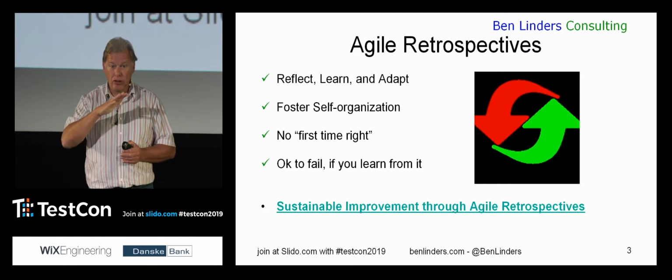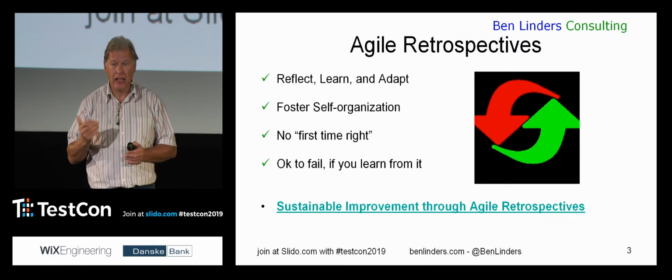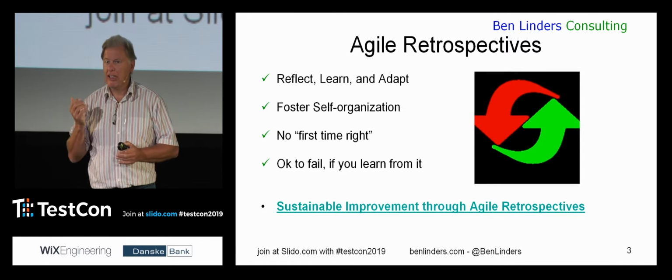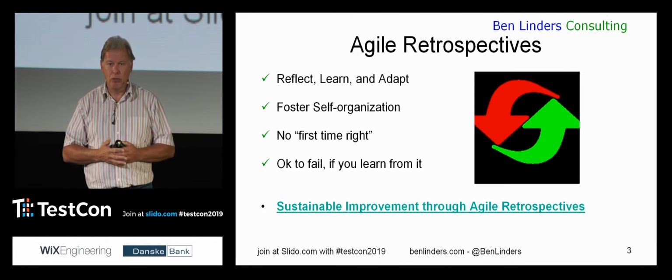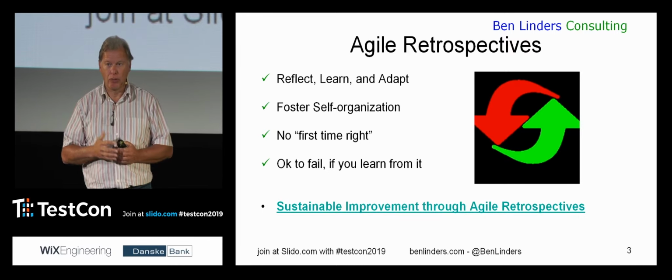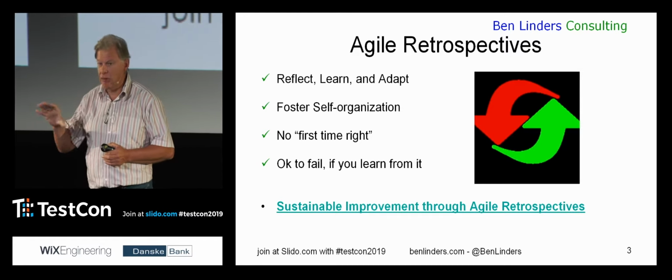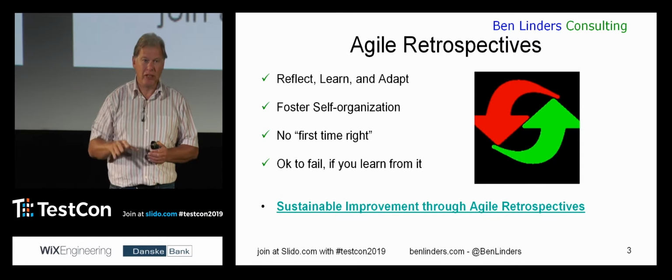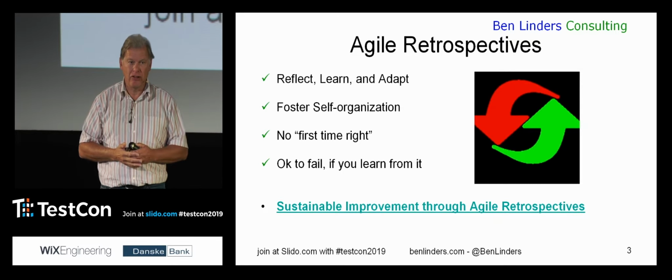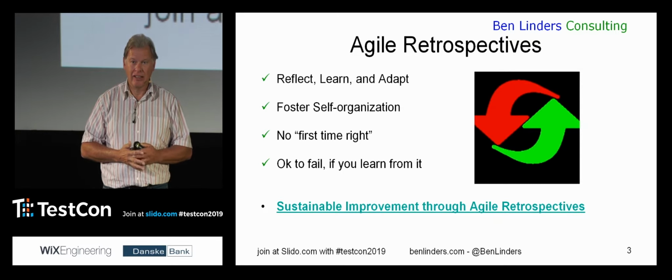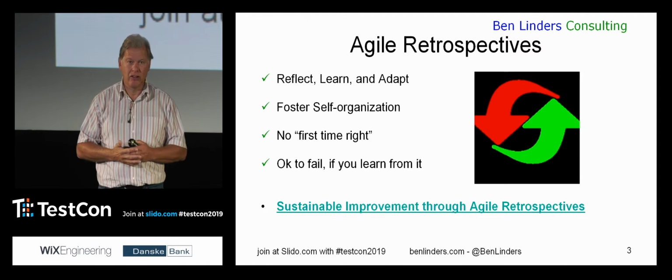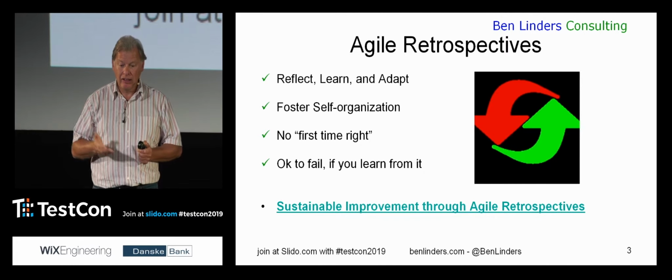But as long as you are reflecting on how things are going and picking out those things where you think it would be most beneficial right now to work on and improve upon, you're going to get better all of the time, which is going to beat plan-driven methods like think about everything that could happen, make a big plan, and then work according to the plan and assume that everything will work out fine. I think by now we know the plan-driven methods don't work and are never going to work. So it's okay if something goes wrong, as long as you learn from it.